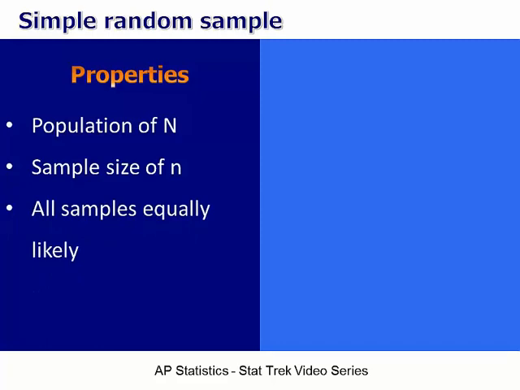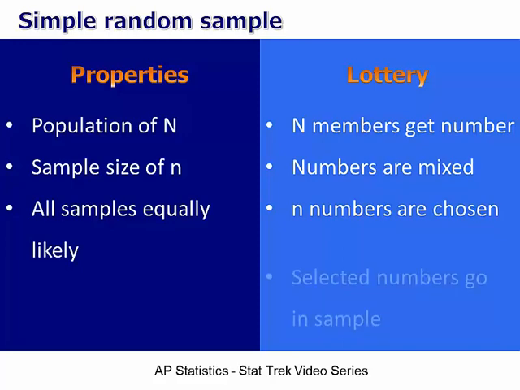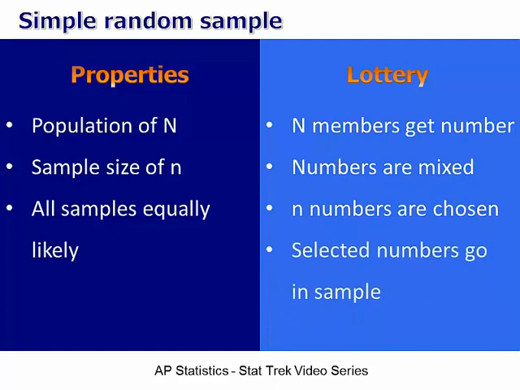One way to obtain a simple random sample is the lottery method. Each of the N population members is assigned a unique number. The numbers are placed in a bowl and mixed. A blindfolded researcher selects n numbers. Population members having the selected numbers are included in the sample.